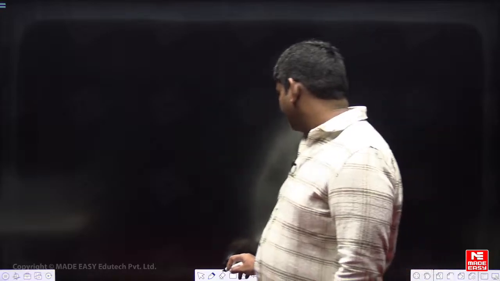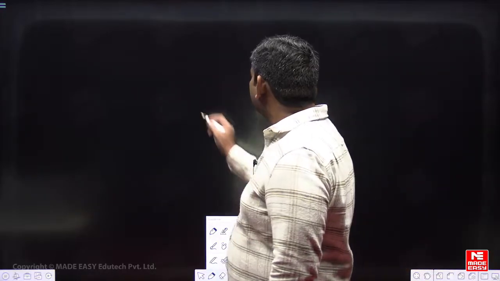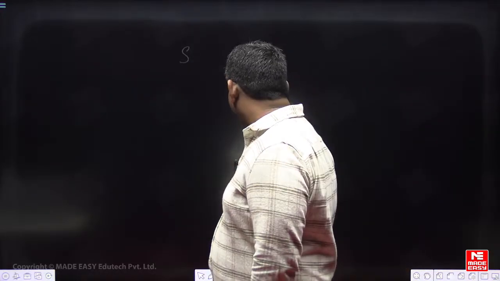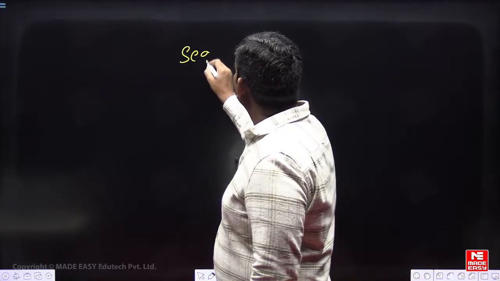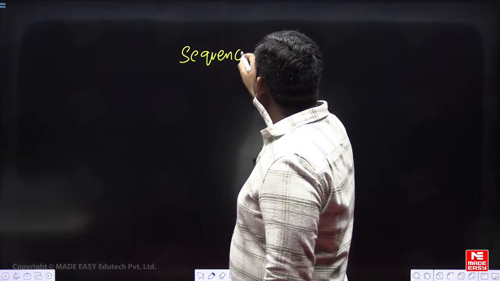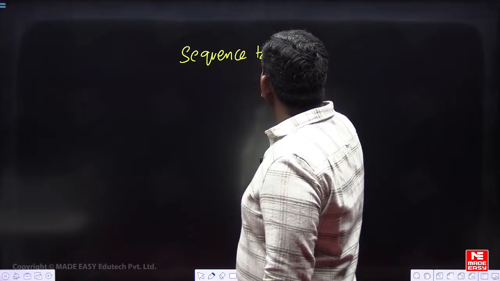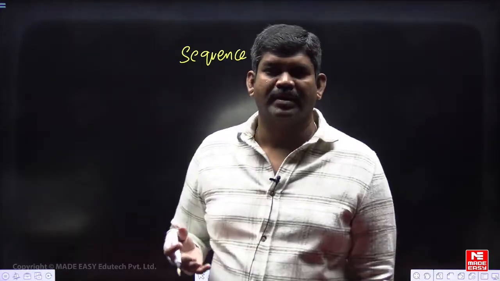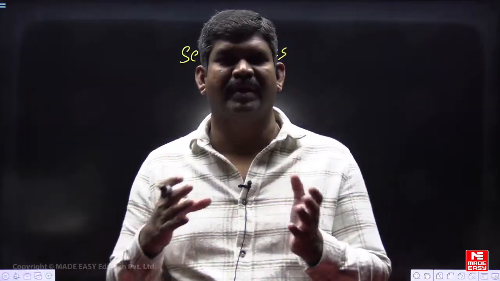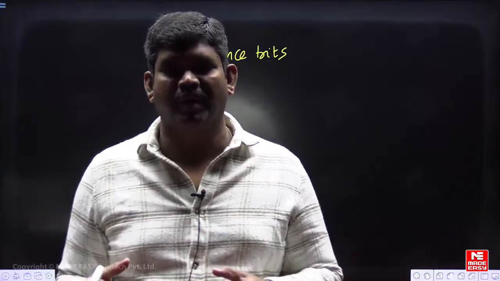See, basically, the main idea: why do we take the sequence bits? With the help of the sequence bits, you are going to get the sequence numbers. Whenever you transmit a message, it is divided into packets.